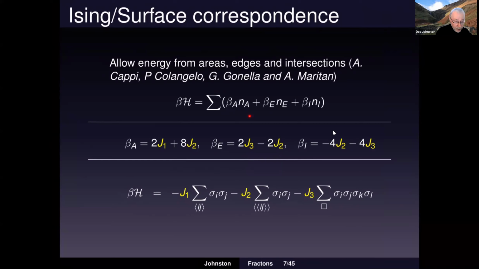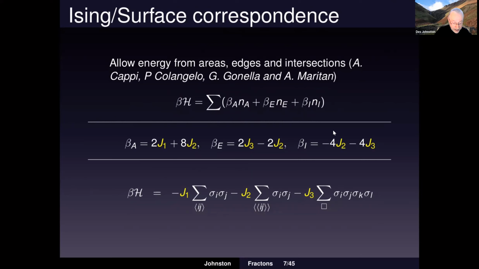So if I want to weight the surfaces of the spin cluster boundaries so that there's some weight for the area, some weight for the number of right-angled bends in the surface, the number of edges where two plaquettes meet at right angles, and some weight where four plaquettes intersect each other, I can map between this spin Hamiltonian that's got nearest neighbor, next to nearest neighbor, and plaquette interactions, and this surface Hamiltonian.